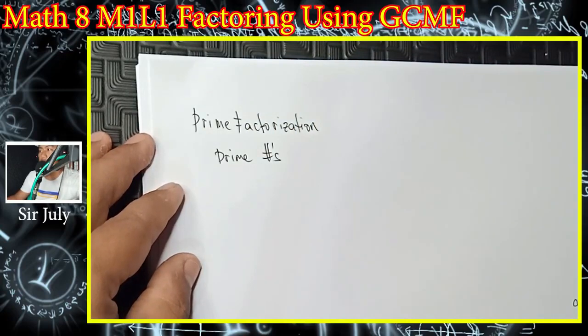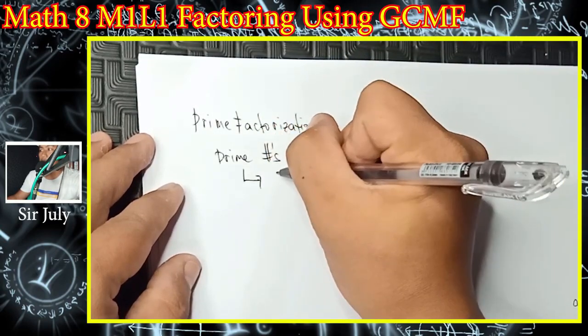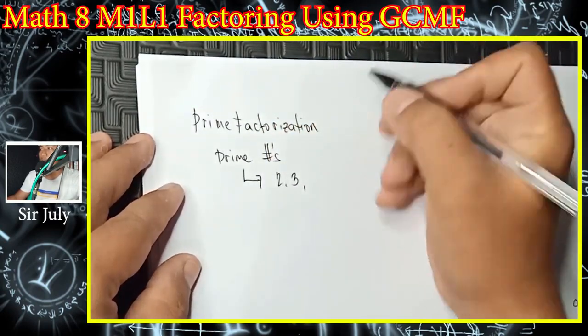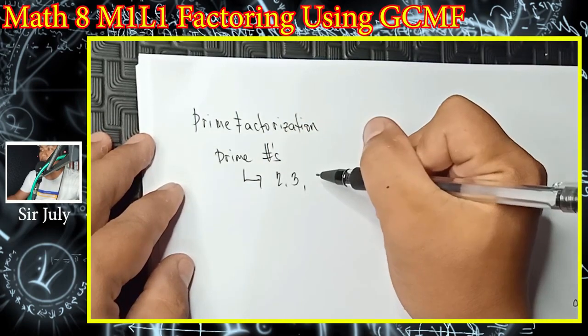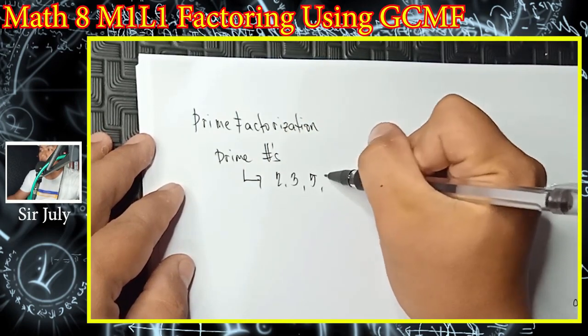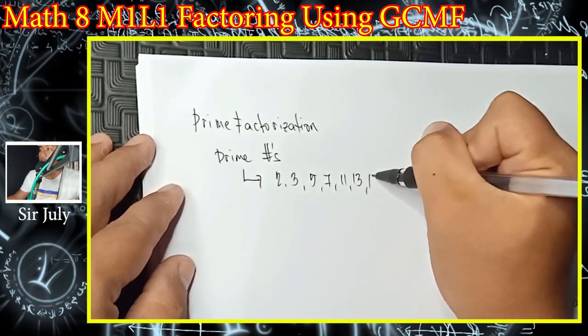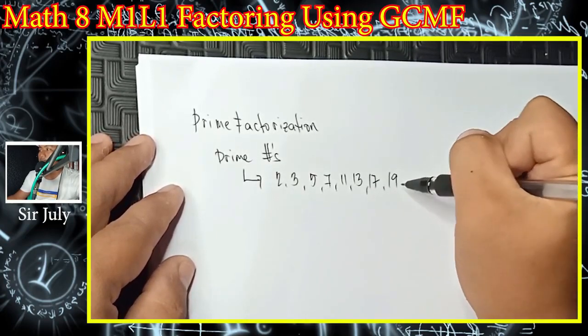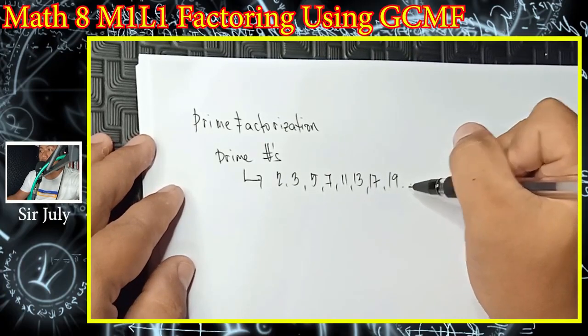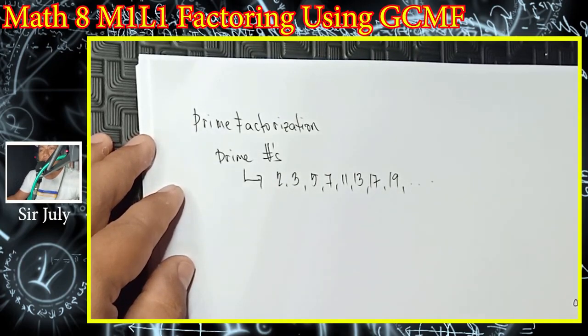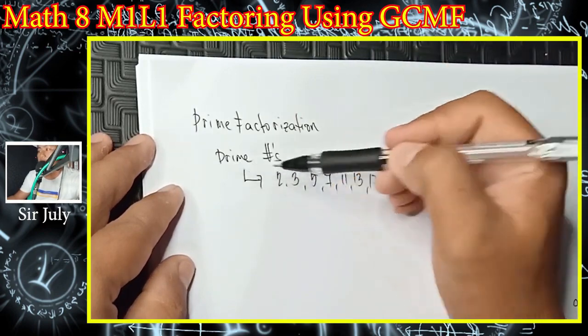Just like for instance, the smallest prime number is 2 and followed by 3, 5, 7, 11, 13, 17, 19, and so on and so forth. So marami yan. Bakit tinawag natin itong mga prime numbers?